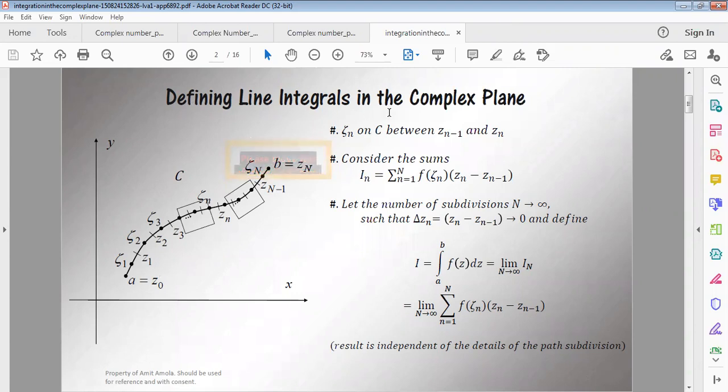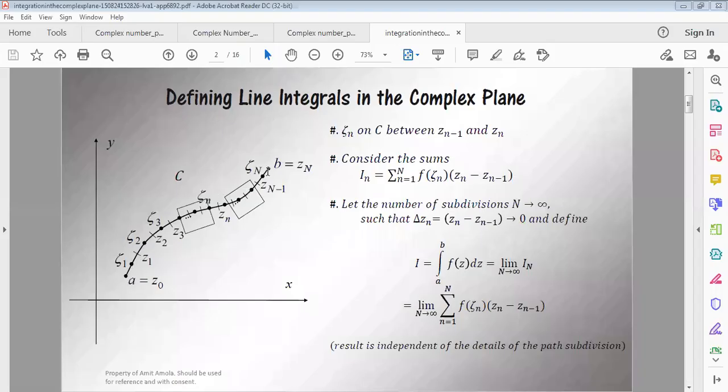So defining line integrals in the complex plane, we have to define the line integral in the complex plane. Suppose this is the curve in the xy plane, this whole curve, this is C. This curve is C. And first point suppose A equals z0, and then second point z1, z2, z3, dot dot up to zn, and the end point B equals zn.